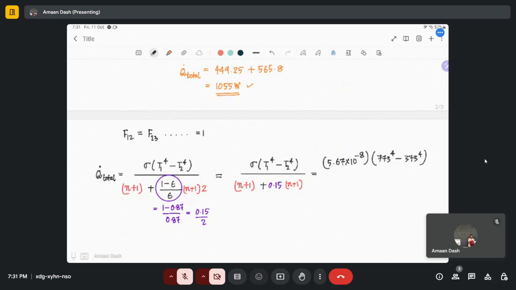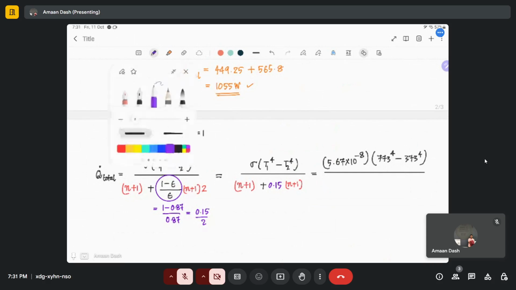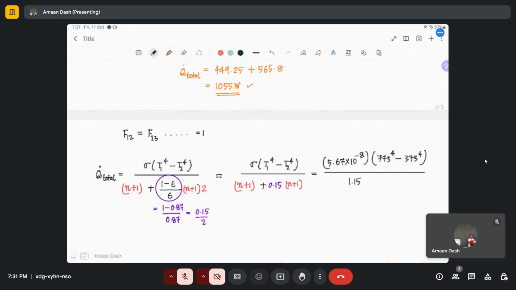Okay. And if we substitute these values, this epsilon value, let me substitute it. Especially this part I'm doing. So this is nothing but 1 minus epsilon, which is 0.87, divided by 0.87. So this is equal to 0.1.